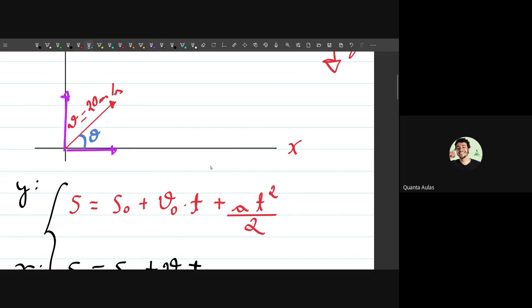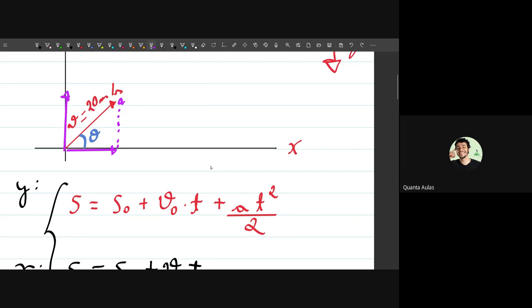Because here we have a right triangle, you need to take the components of this triangle. If you think a little more, you will note this vector here is equal to this vector.